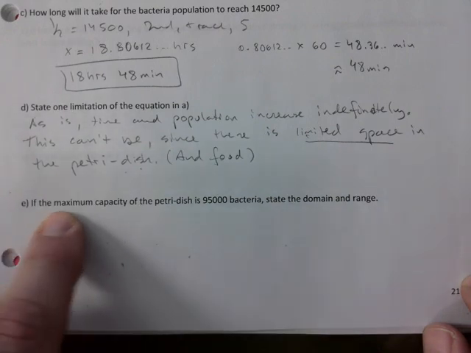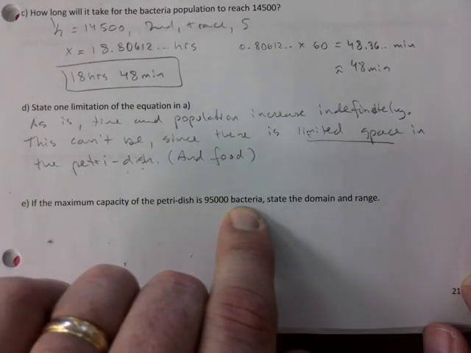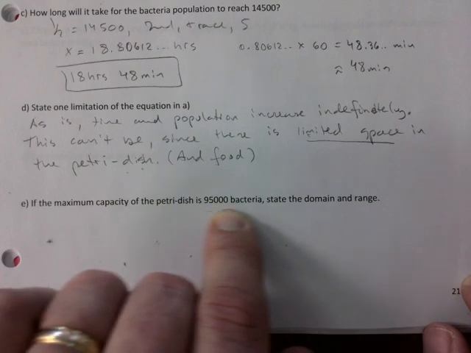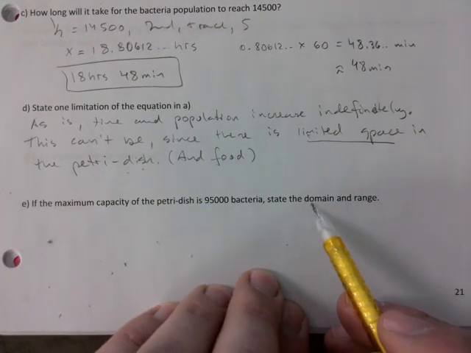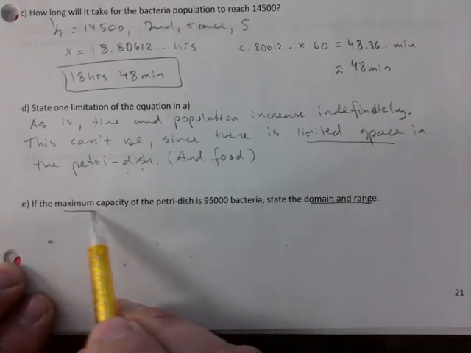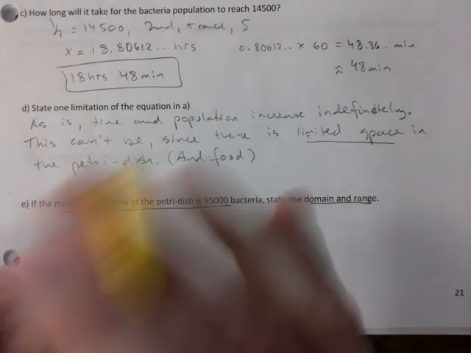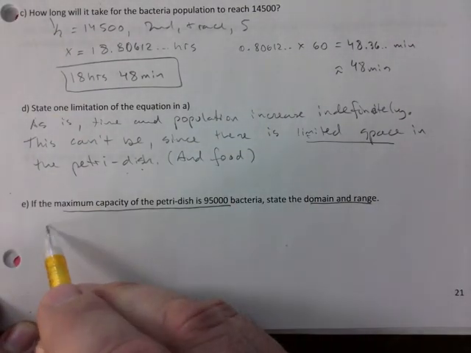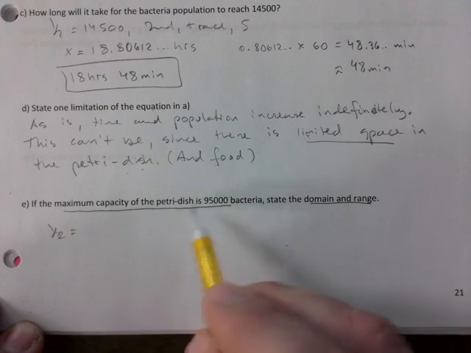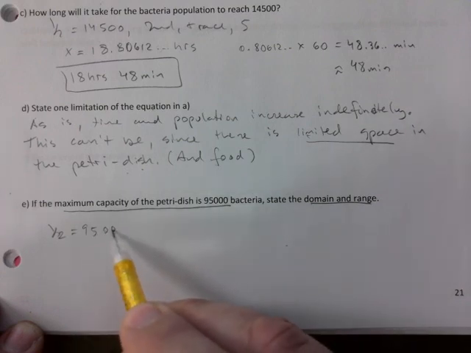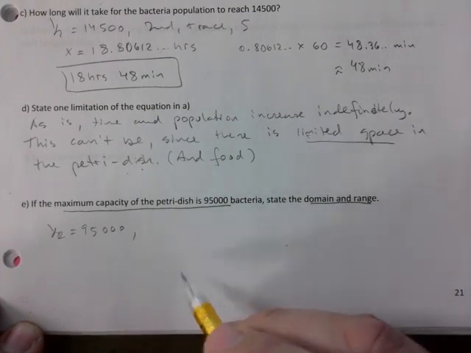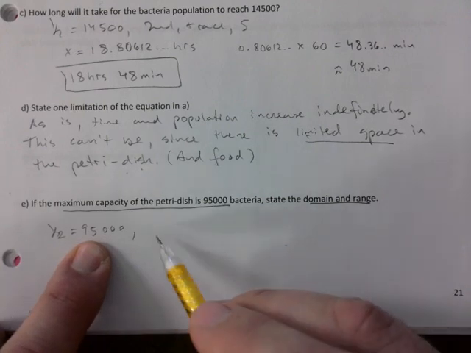If the maximum capacity of the petri dish is 95,000 bacteria, state the domain and range. So if they give you some kind of limit, then use that. We're going to find at what time you would reach that carrying capacity.